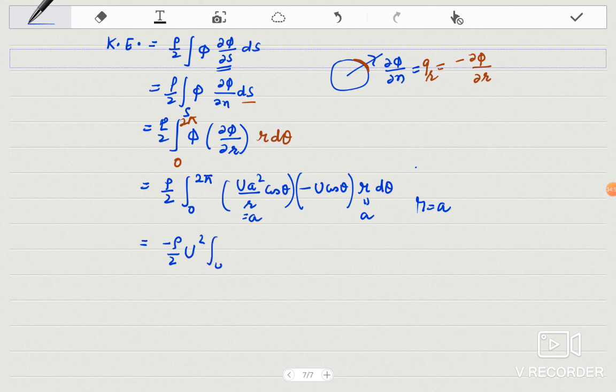Integral 0 to 2 pi cos square theta a square d theta, and solving it you will get minus rho by 2 u square a square integral 0 to 2 pi.